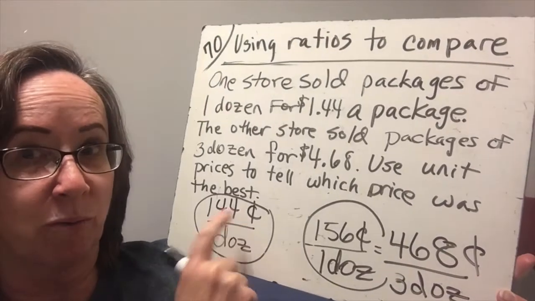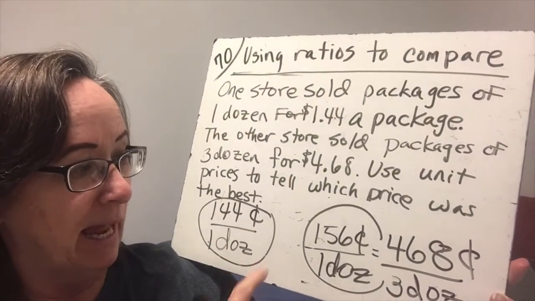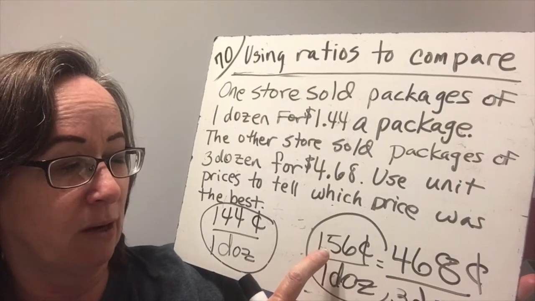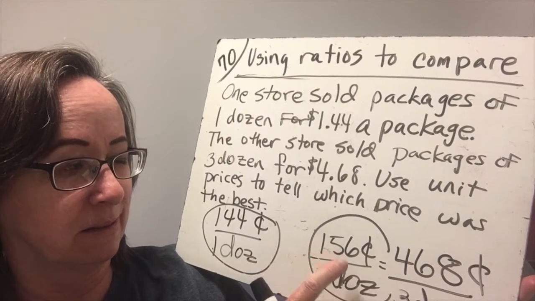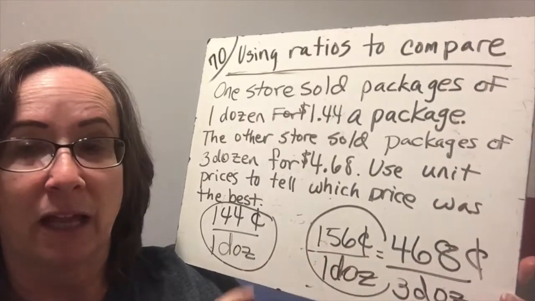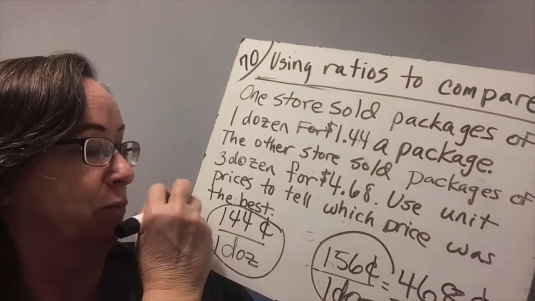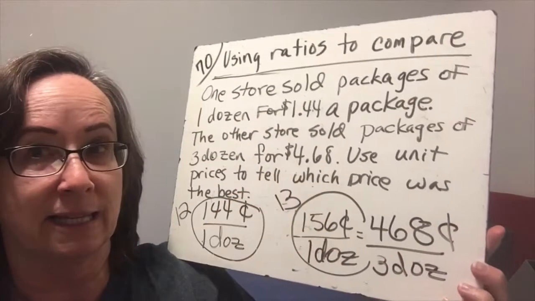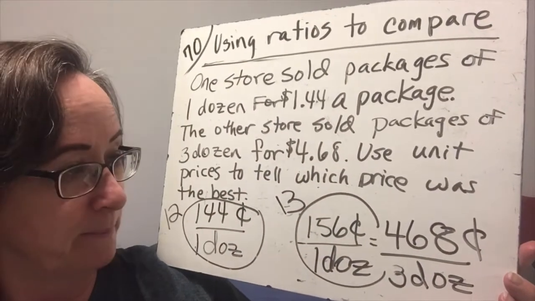So we would have 12 cents per item. And then I would divide this one by 12, which is 13. So this one is 12 cents per item, and this one is 13 cents per item.